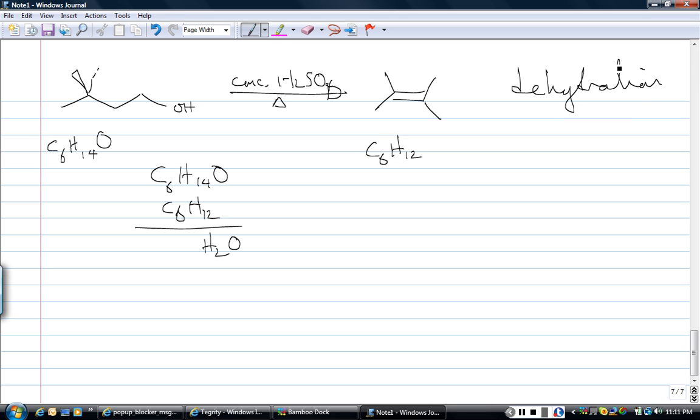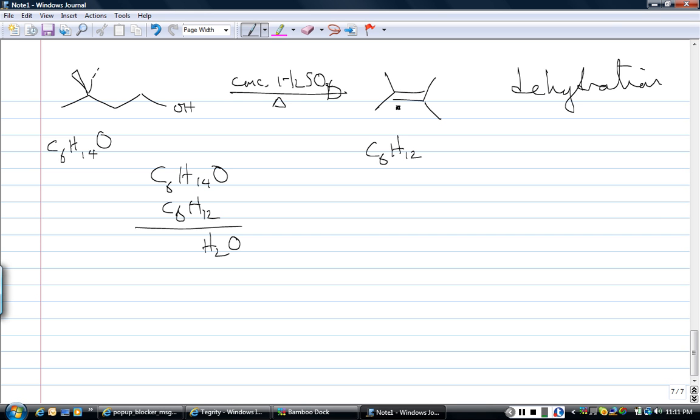Which means I lost an OH, which was fairly obvious. What is less obvious is I lost an H from one of the carbons. It's hard to tell which one I lost it from because the carbon skeleton is rearranged. So I can't just say I lost it from this one, because if that was all that happened, it would mean that this carbon would have gone from having 2 H's to having 1.